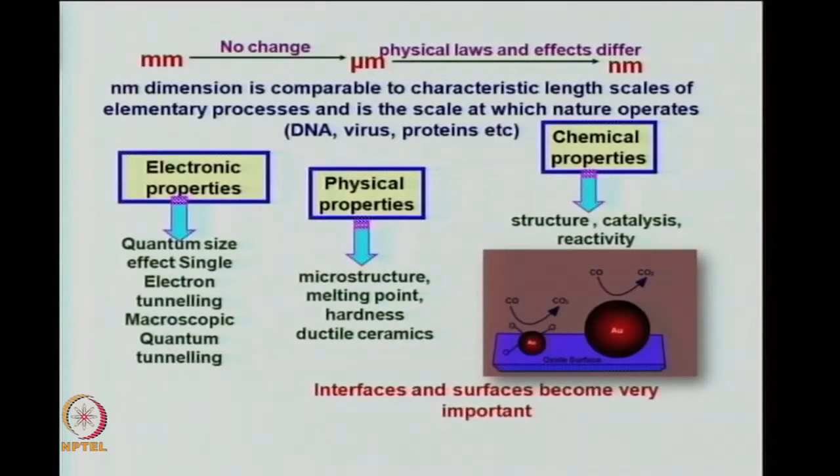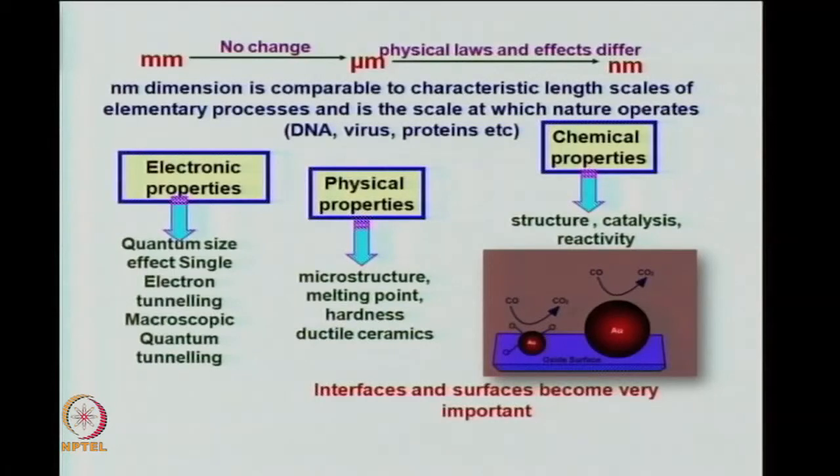So, electronic properties change, like you have new effects like quantum size effects they are called, and examples are single electron tunneling or macroscopic quantum tunneling. These are seen whenever you confine electrons and you start seeing these quantum effects. Physical properties like melting point, hardness, etc., are also dependent on the size of the particles, and we see them in many cases.